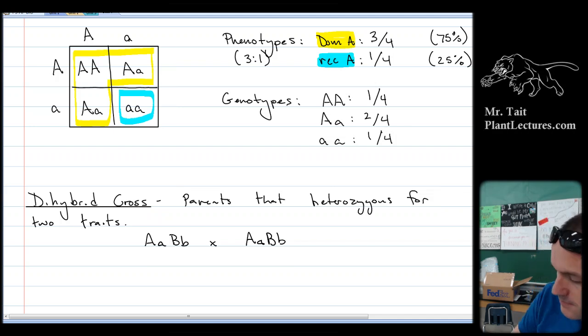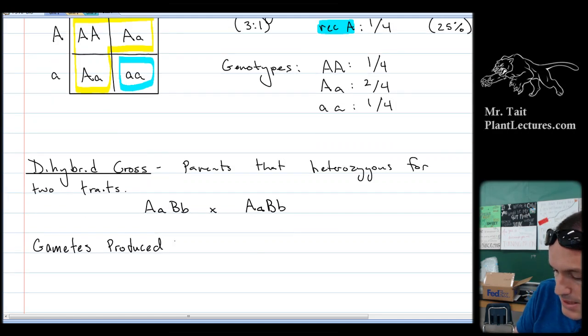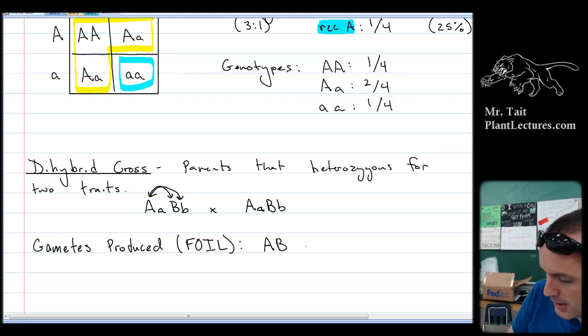Okay, so we need to look at the gametes produced. Okay, gametes are produced via the law of independent assortment, right? And the way that we figure out the gametes is by foiling. So if I have big A, little a, big B, little b, I'm going to do first, that would be big A, big B. Outside, that would be big A, little b.